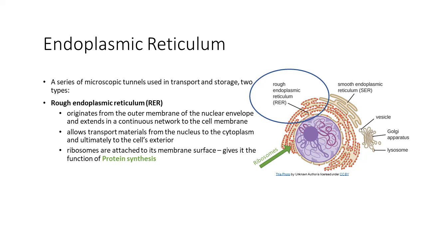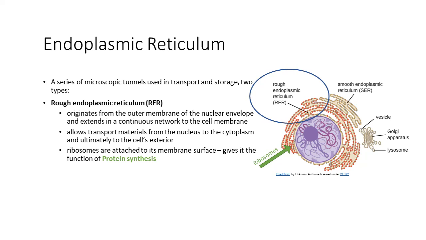Now, the rough ER is going to come straight off of that nuclear envelope, the double membrane part of the nucleus, and it's going to have a very intricate folding network of membrane structures. It's going to allow for transport of material from that nucleus, from the nucleolus in particular, all the way out, potentially even to the exterior of the cell.